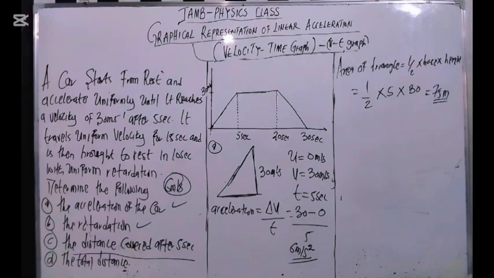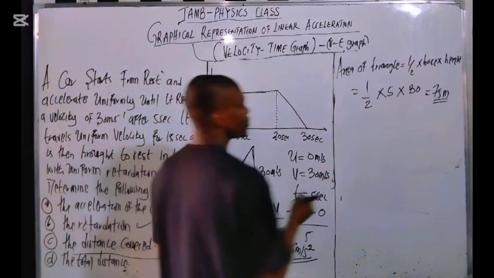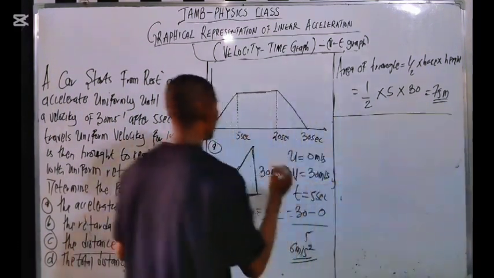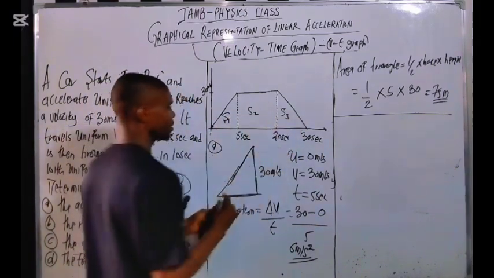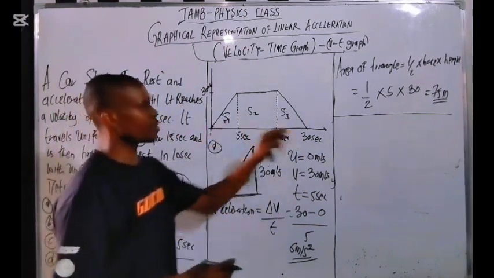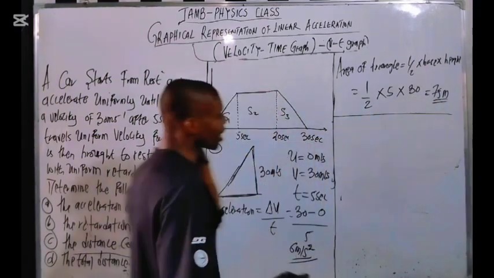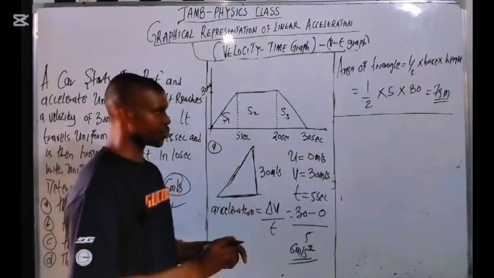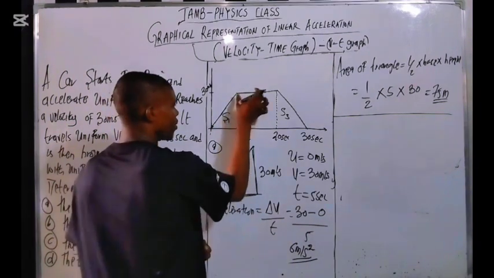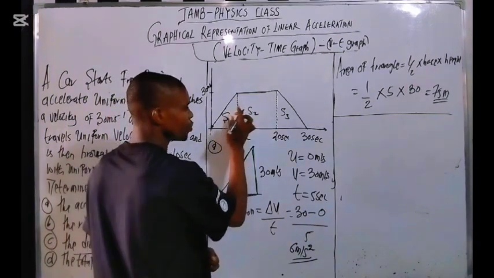So look at our total distance. Here you have distance 1, distance 2, and distance 3. I've already calculated what my distance 1 is. How do I calculate distance 2? Remember, this one is a rectangle, right?